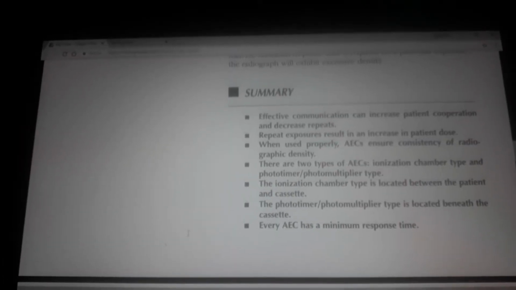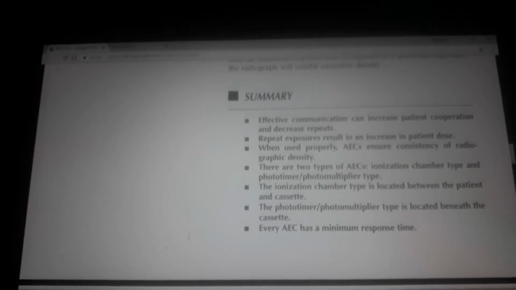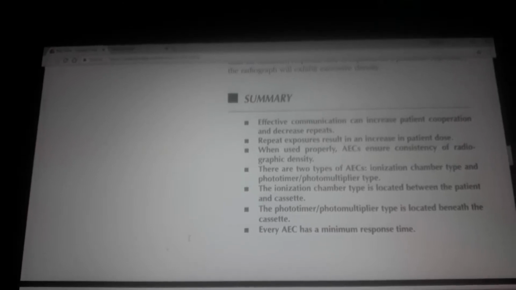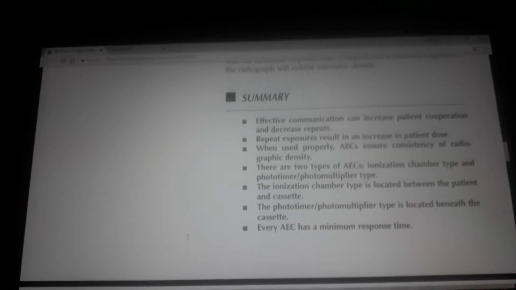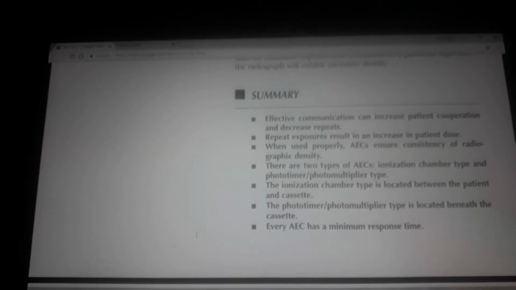There are two types of AEC: ionizing chamber type and photomultiplier type. The ionizing chamber type is located between the patient and the cassette. The photomultiplier type is located beneath the cassette. Every AEC has a minimum response time.